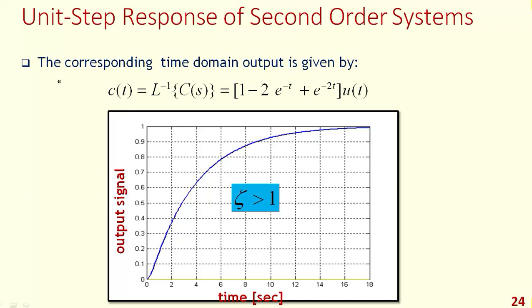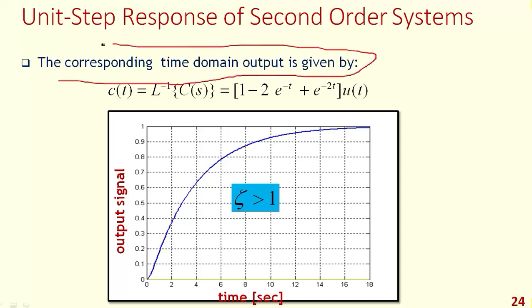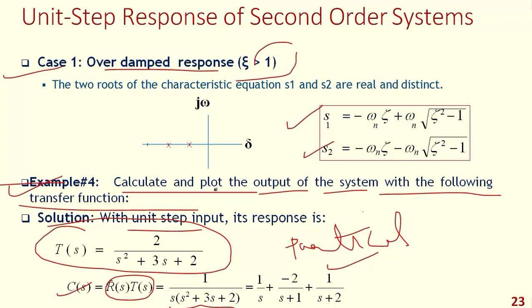Then the total response for the given system, if you apply the inverse Laplace transform to this equation: 1 by s gives 1, with minus 2 as the constant. 1 over s plus 1 we can write as e raised to minus t, and plus 1 is the constant, e raised to minus 2t.